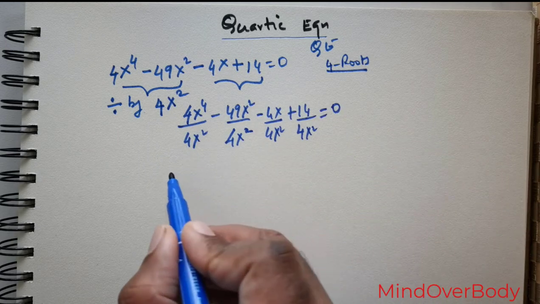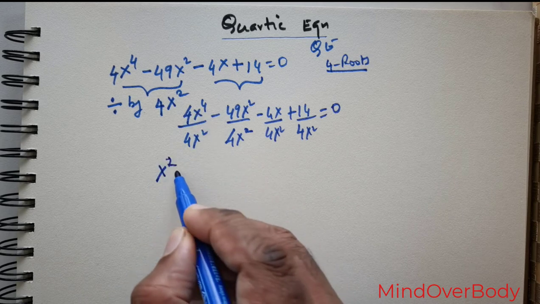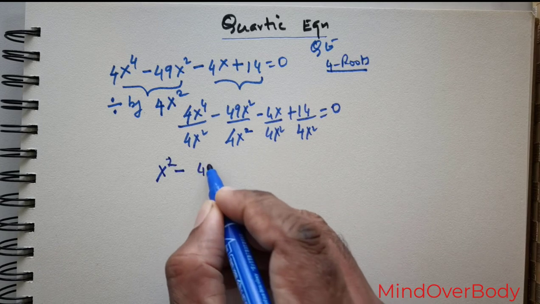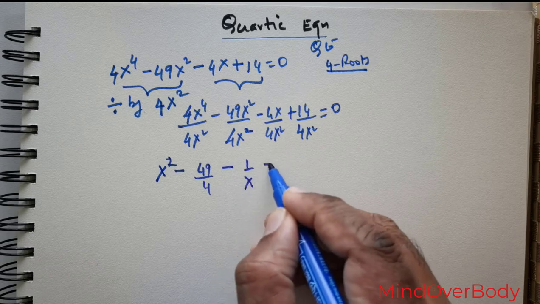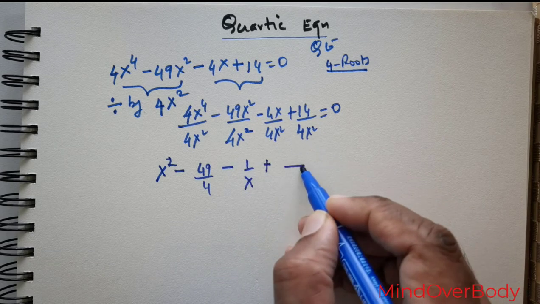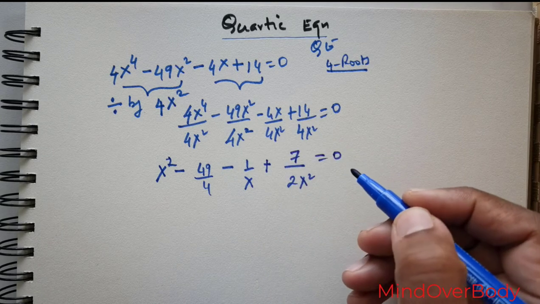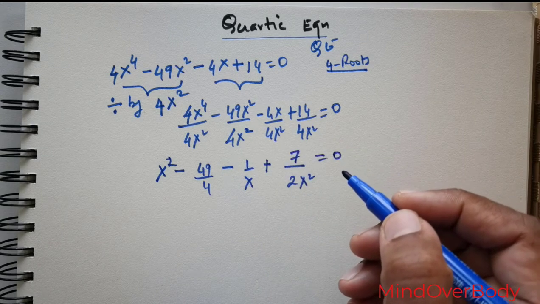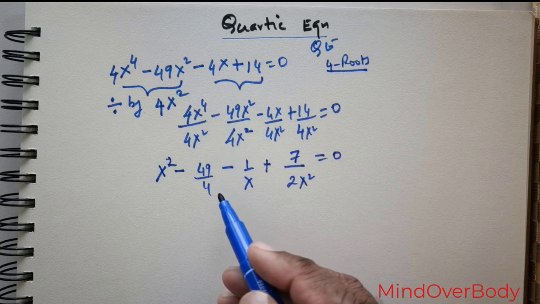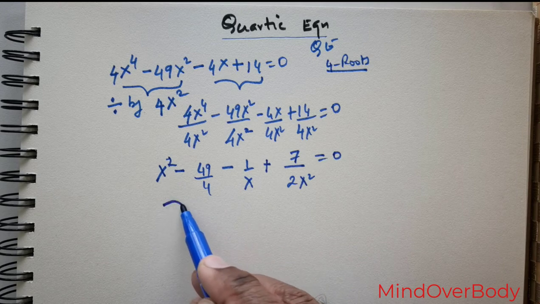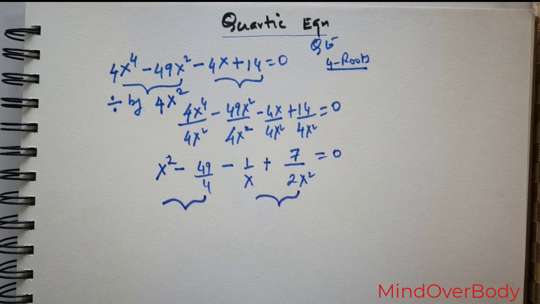So this can be rewritten as x^2 - 49/4 - 1/x + 7/2 = 0, where 2 divides here 2 times and 2 divides here 7. So we have quite a system. As I mentioned, I'm clubbing the first 2 terms and the last 2 terms in this fashion.